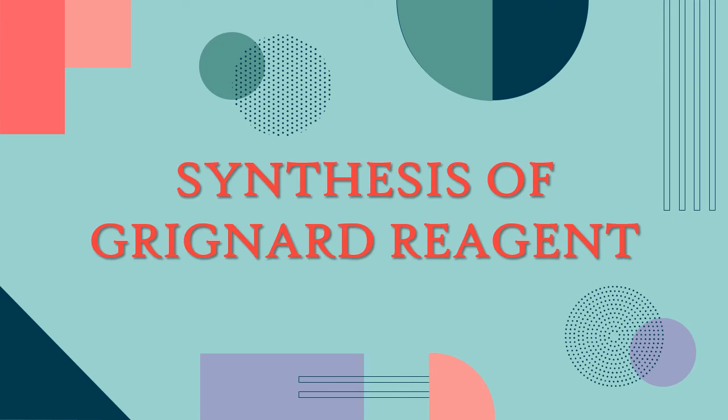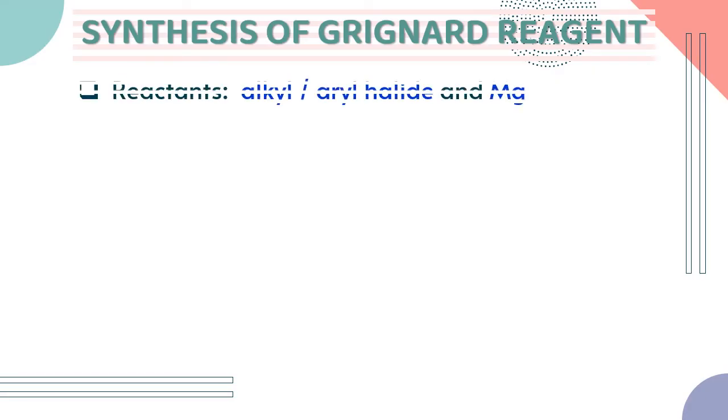Now, we're going to look at the synthesis of a Grignard reagent. The Grignard reagent is one of the most important parts of haloalkanes. The reactant is an alkyl or aryl halide.